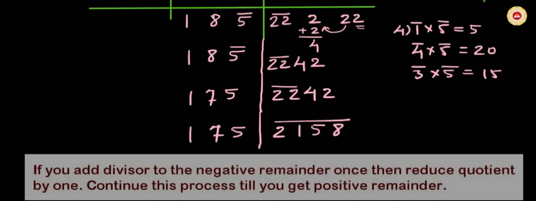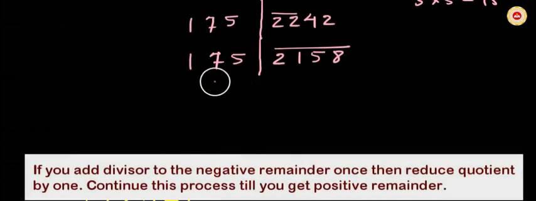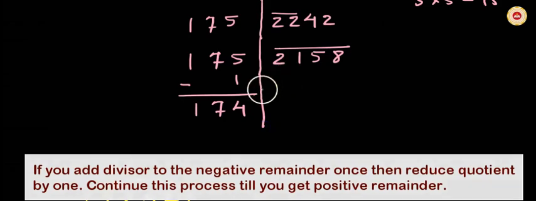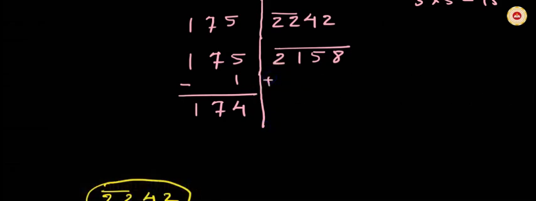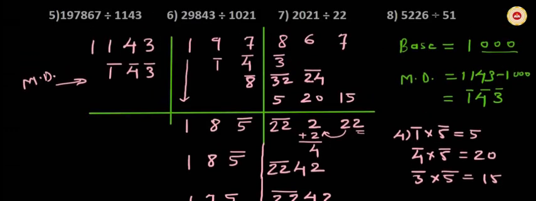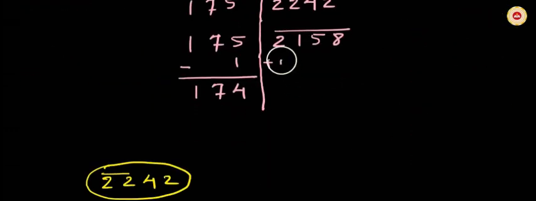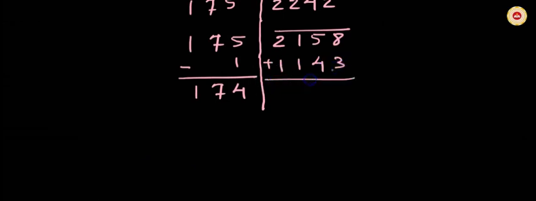So let us do it. 175 minus 1 is 174, and add what is divisor? 1143. So let us add this divisor to remainder.